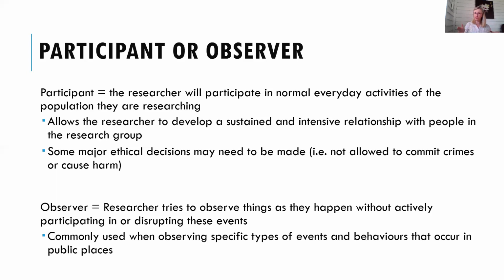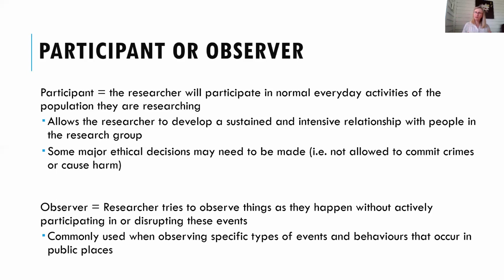Now, as an observer, on the other hand, we try to observe things as they happen without actively committing or disrupting these events. So again, think David Attenborough. So sitting on the outside and watching what's going on. Now, this is commonly used when we think about events and behaviors that occur in public. It would be very difficult to strictly be an observer at an event like a footy game, where you're part of the crowd and you're participating in watching the game and watching the behaviors around you.